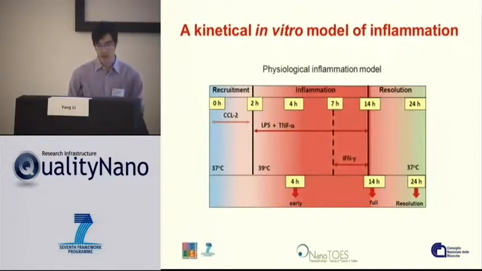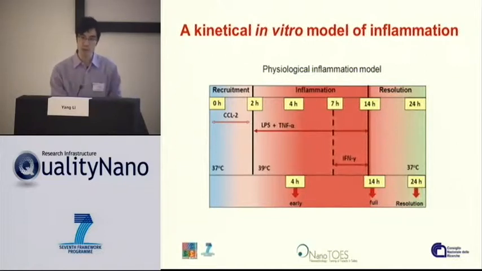Then at 7 hours, we add another stimulation, interferon gamma, to mimic the fully inflammatory phase. During this time, we put the monocytes at 39 degrees instead of 37 degrees to mimic a fever in the body. After 14 hours, we wash off all the stimulations, use fresh medium, and put the monocytes back to 37 degrees to mimic our body's resolution phase to eliminate the infection.